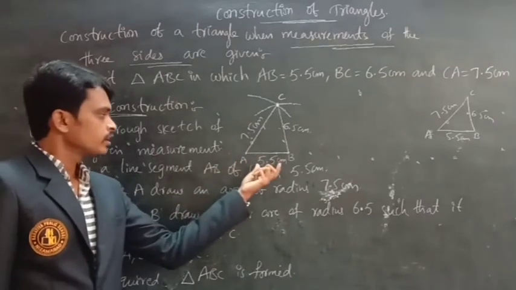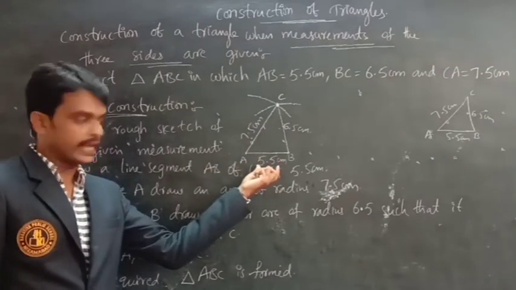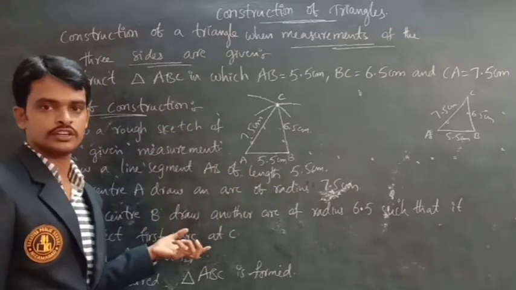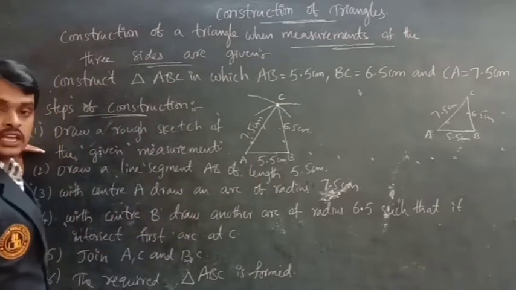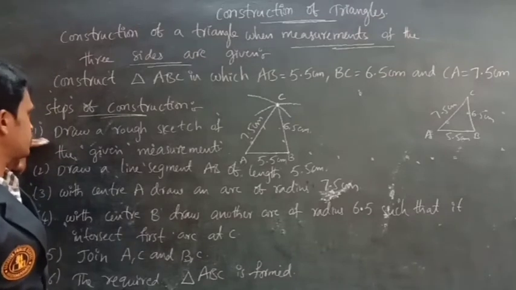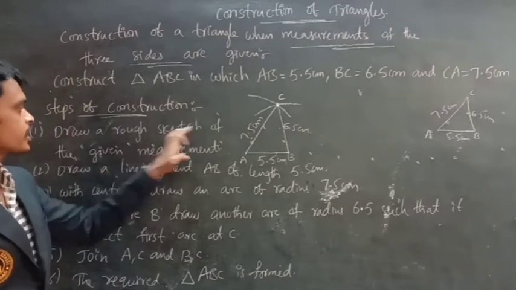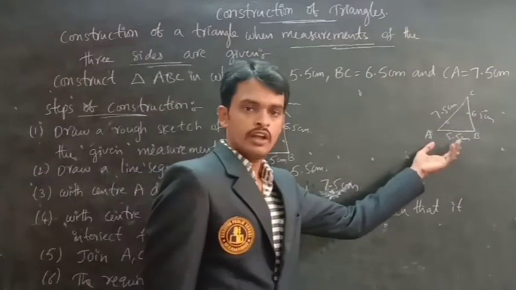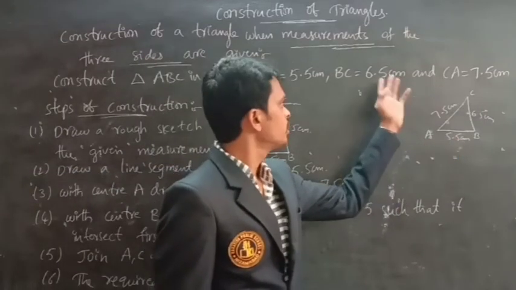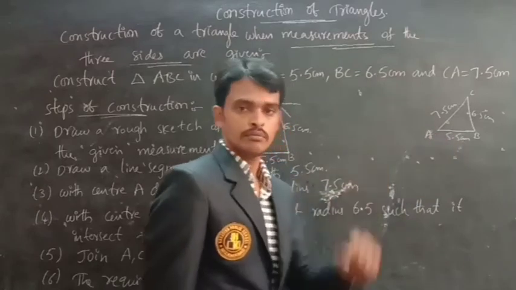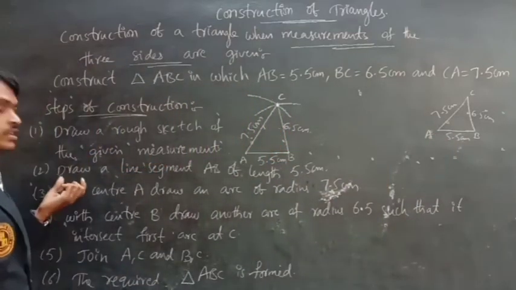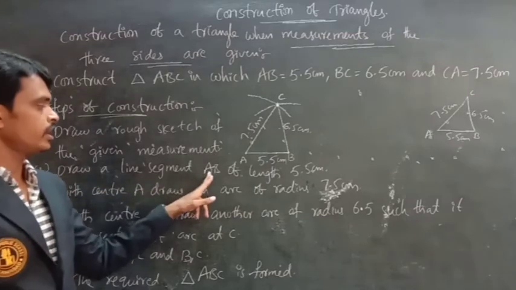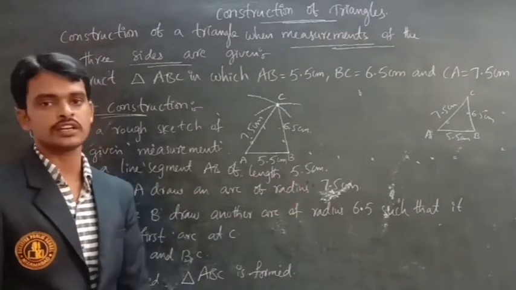After constructing the triangle, we should write the steps of construction, step by step. First, draw a rough sketch of the given measurements. Already we drew a rough sketch of the triangle. Second, draw a line segment AB of length 5.5 centimeters.